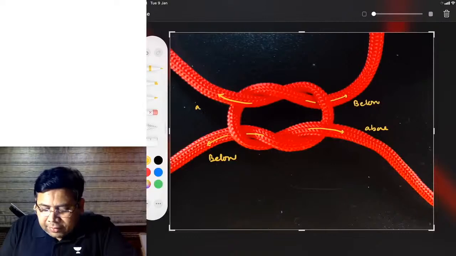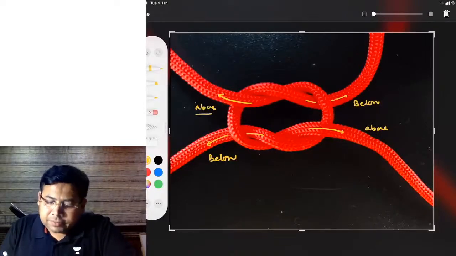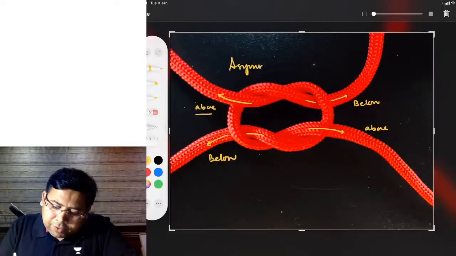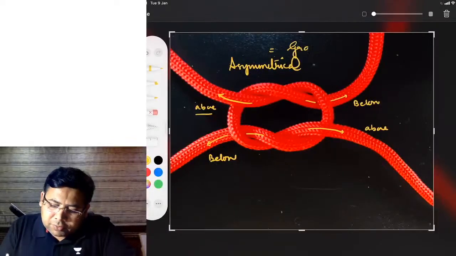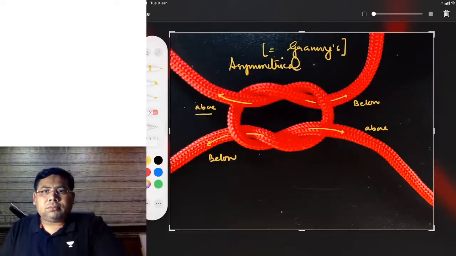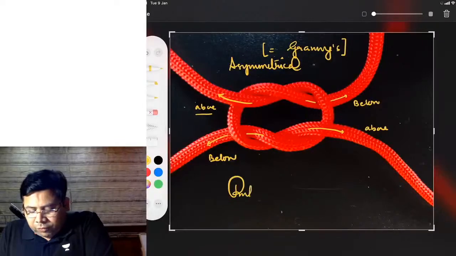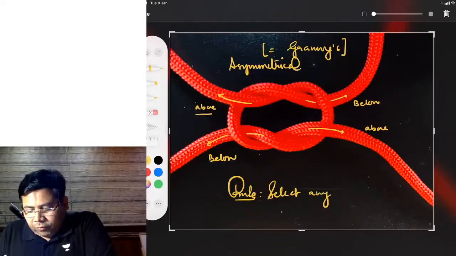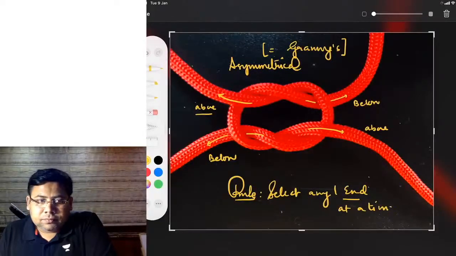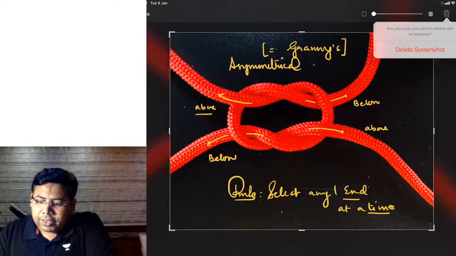On this side, this is above. What kind of knot is this? This is an asymmetrical knot, and therefore it is a granny's knot. Are you getting it? The rule, I have already told you, is to select any one end at a time. Clear? Okay, let us move forward.